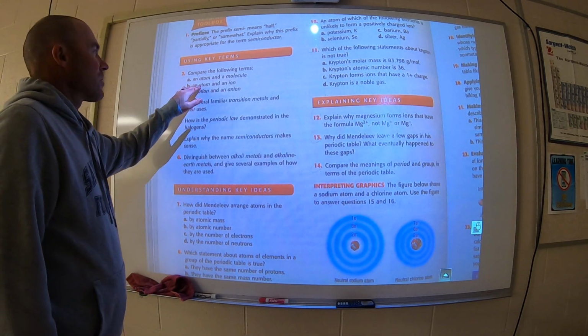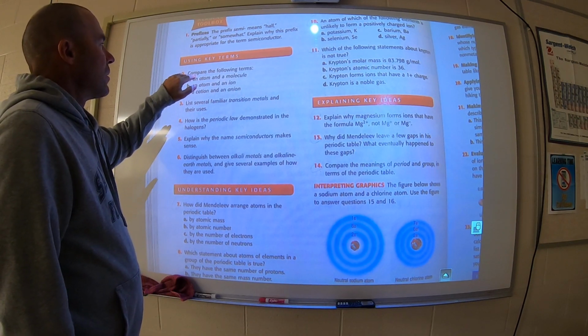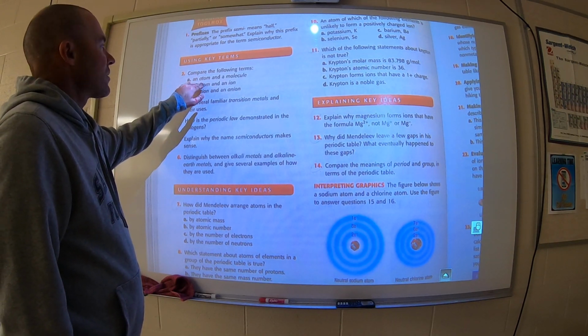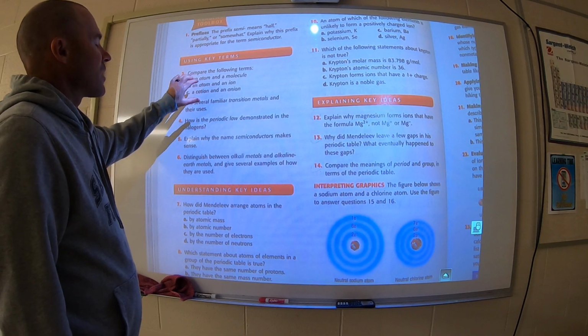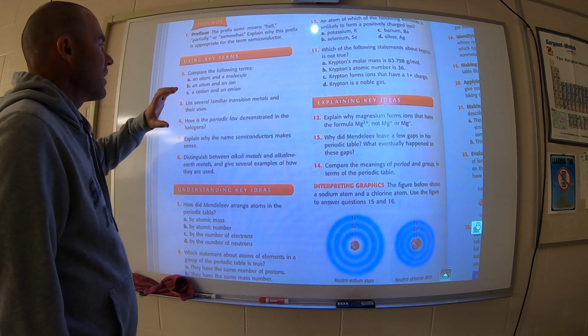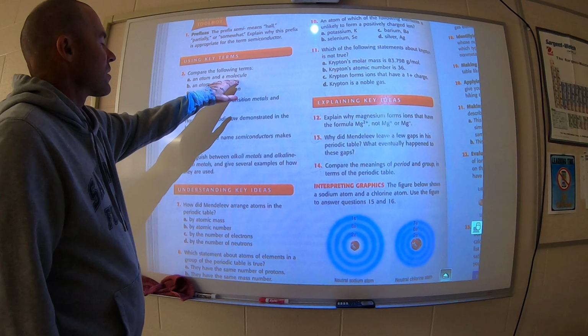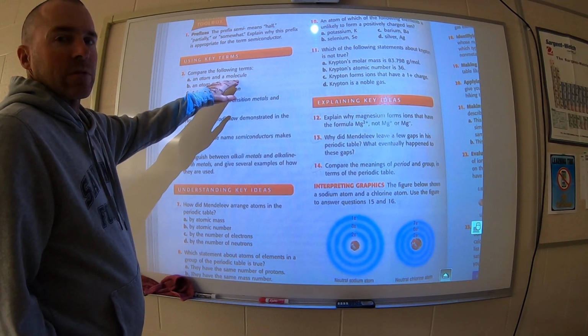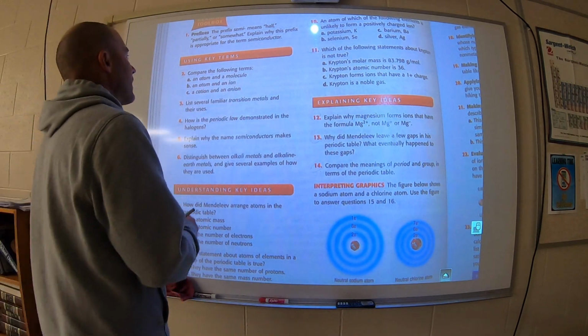An atom is just one nucleus with protons and neutrons in it and electrons orbiting it. A molecule is 2 or more atoms. Okay?